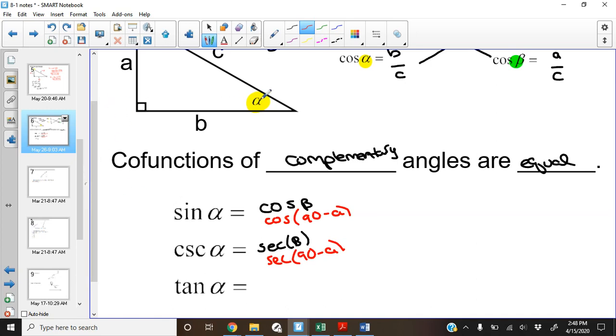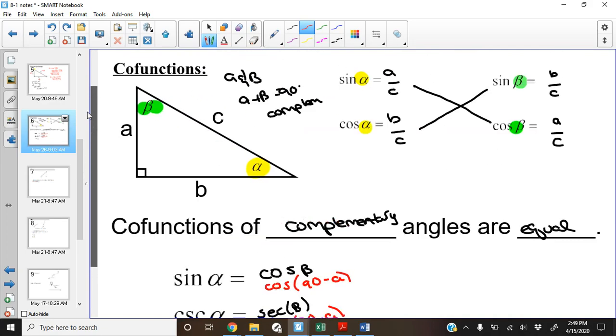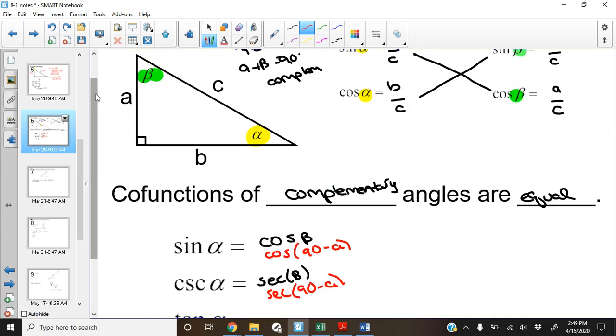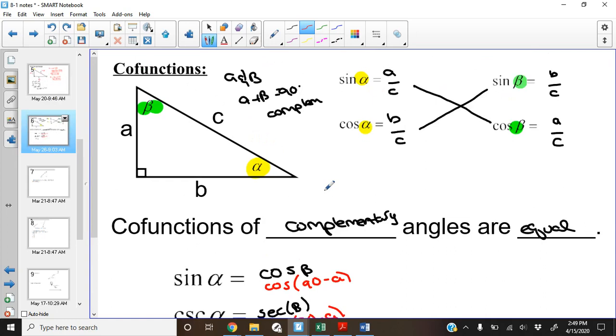Now, the only one that has a little bit of a difference, and I'm sure you can figure this out very quickly, is going to be tan. Let's just scroll back up real quick. What if we found tan of alpha?